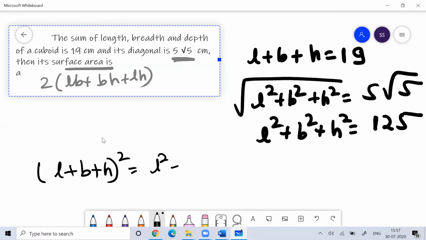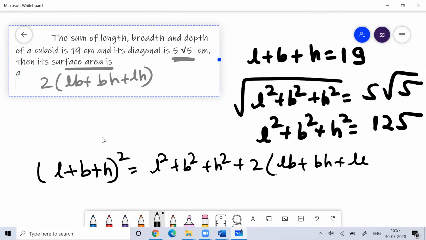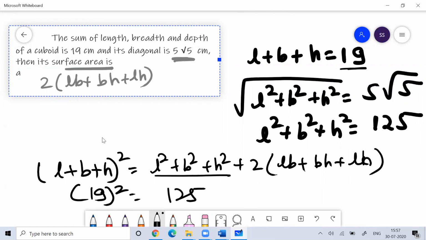This will give you L square plus B square plus H square plus 2AB plus 2BC plus 2AC, that is 2 into (LB plus BH plus LH). So 19 square is equal to this, which is given to you as 125, plus this, which you need to find.